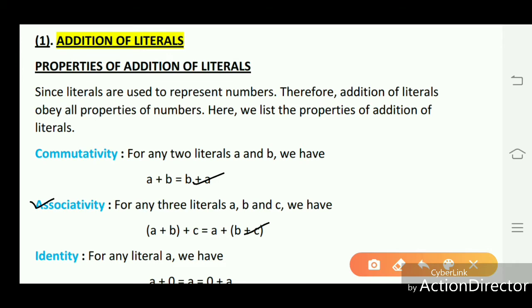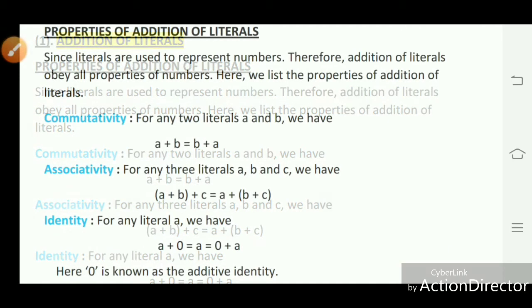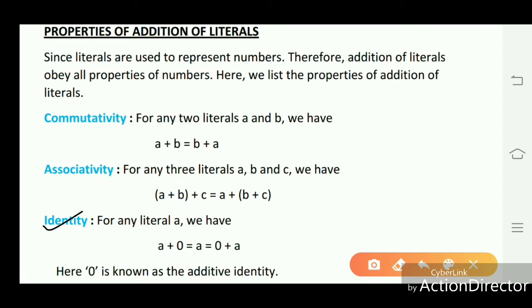The same rule we use in arithmetic. Now identity. For any literal a, we have a plus 0 equals a equals 0 plus a. Here 0 is known as the additive identity.